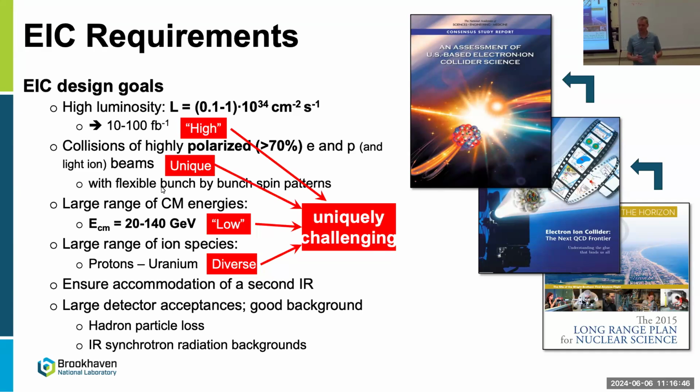So now, the third time is the charm. We are trying to learn from the two machines in Japan and Germany and add more sophisticated elements to it so that finally we can look at why the proton has spin and what is the origin of mass for protons. So these are the two key questions.